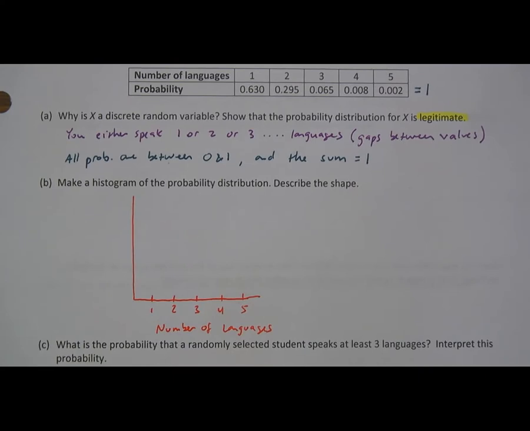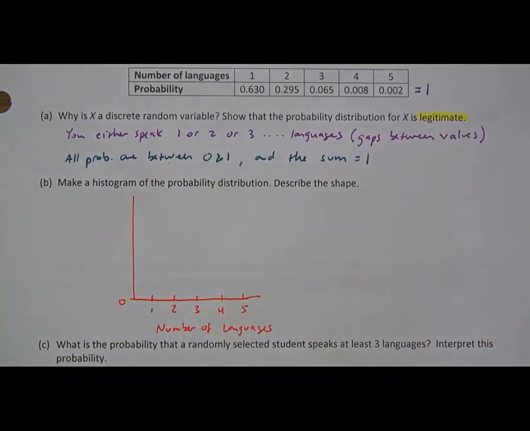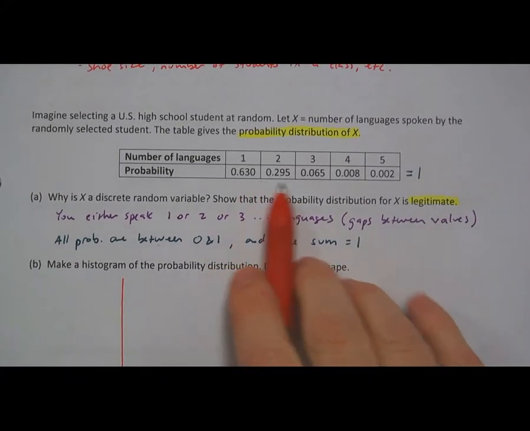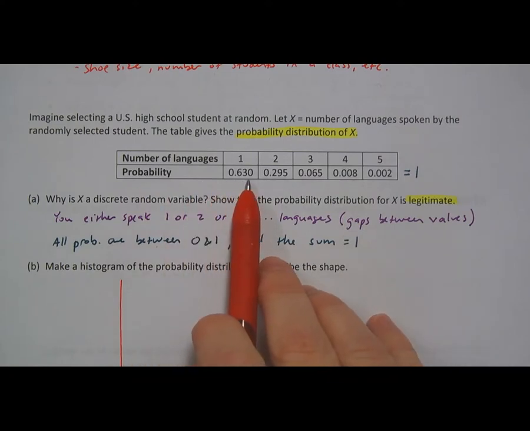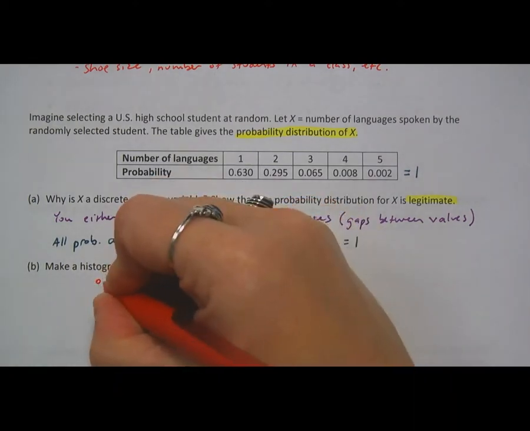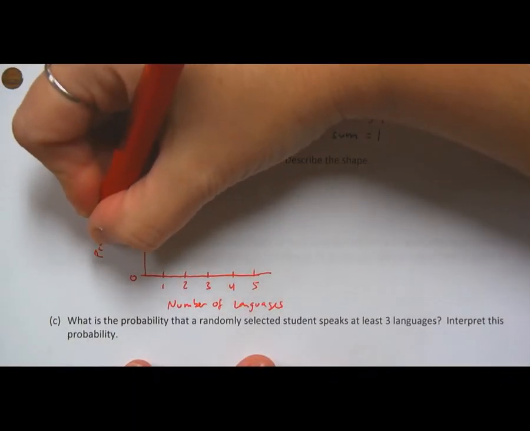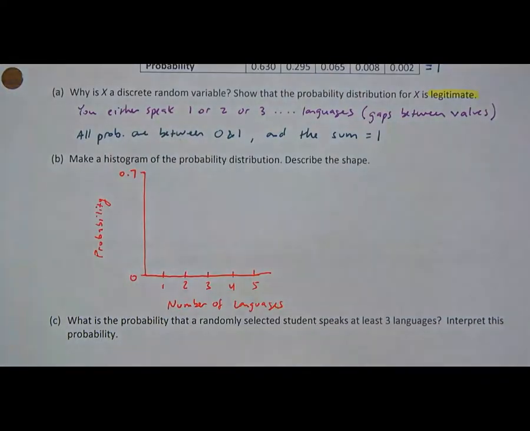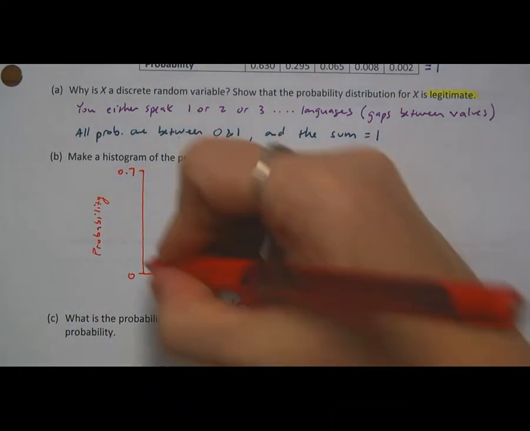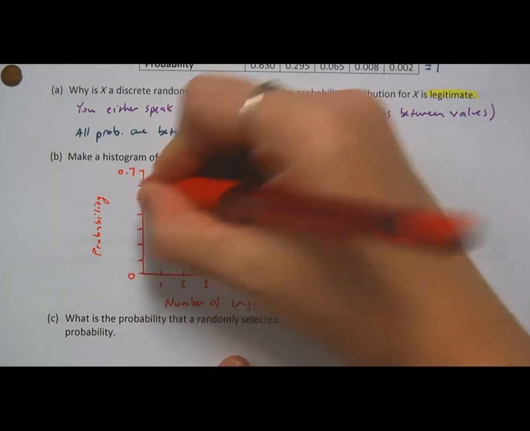And we're going to put the probability on the y-axis starting at 0. And it looks like the highest number that I need to go up to if I'm looking at my y values here is 0.63, so maybe I want to go to like 0.7 just to cover all my bases. And I'm going to put probability and then 1, 2, 3, 4, 5, 6.